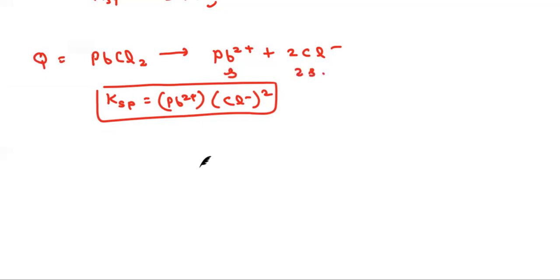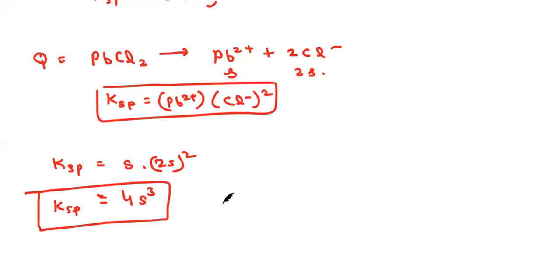So it would become s and 2s squared, that will be 4s squared, so total it will become 4s cubed. Ksp is equal to 4s cubed. So I hope we can solve such type of question very easily, isn't it?